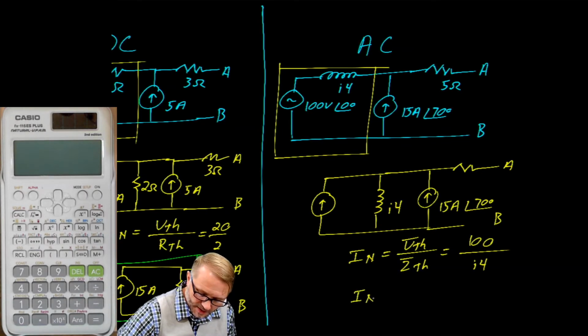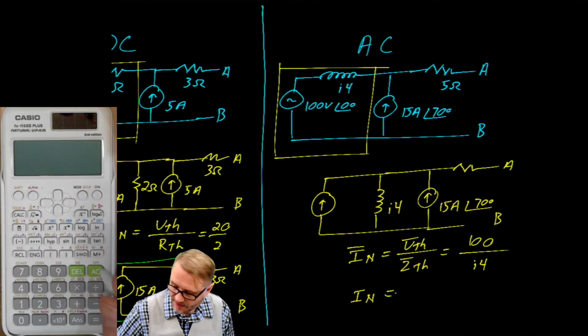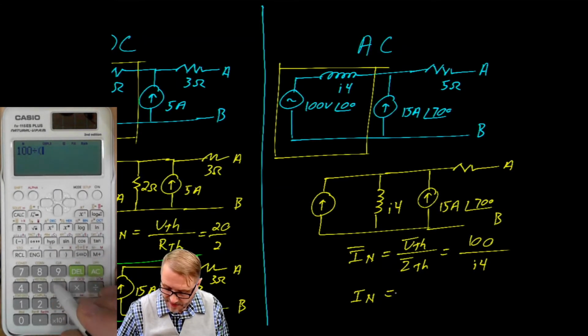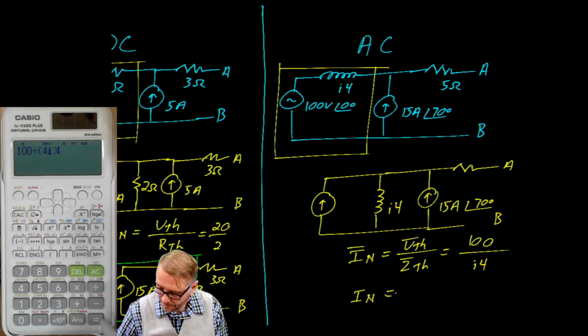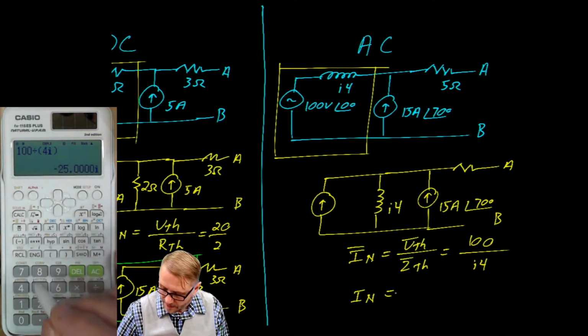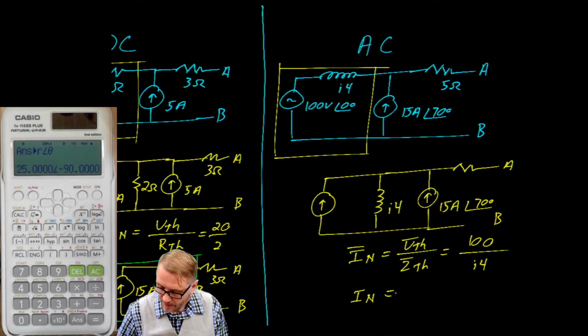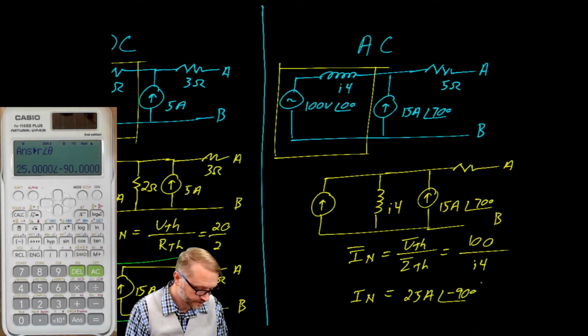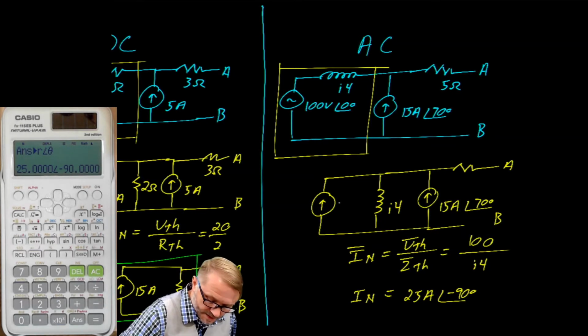So our Norton current is equal to 100 divided by 4J, which gives us a current of 25 amps at a phase angle of negative 90 degrees. So 25 amps, phase angle negative 90 degrees.